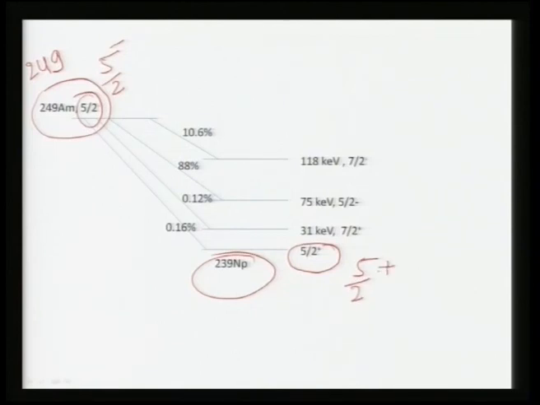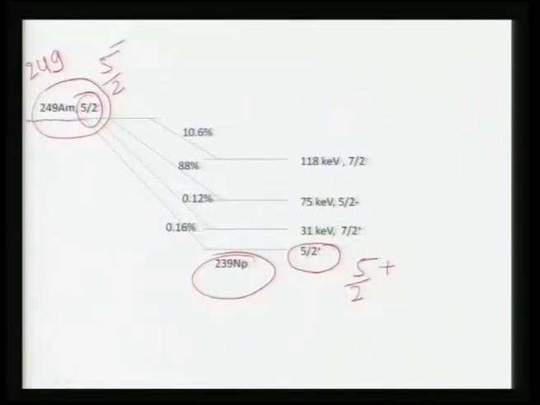So, from the 5/2 minus parent state, if it decays to the ground state 5/2 plus, L equal to 0 is not possible, there is a parity change, and L equal to 0 corresponds to positive parity.